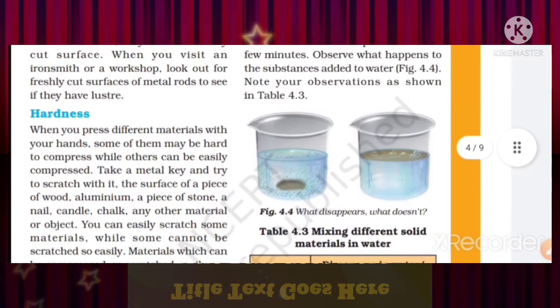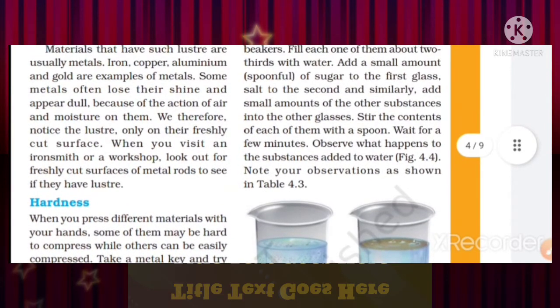Take 5 glasses, okay, beakers. Fill each one about 2/3 with water. Add a small amount of sugar in the first glass, salt in the second, and other substances in the rest of the glasses. Then stir. What will you observe?